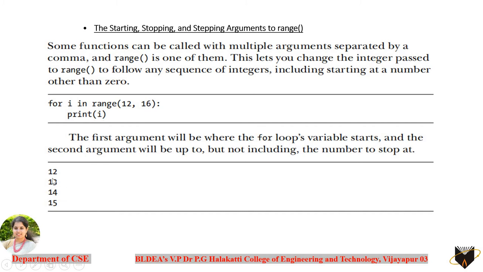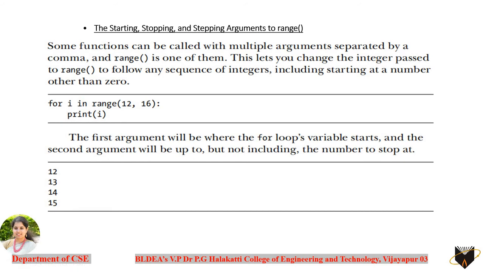You can see the output of this for loop is starting with 12, next iteration 13, next 14, and last 15, but not 16. So it is always one value less than the end parameter here. In this case, you can also observe one more thing: you have not explicitly incremented the iteration variable. By default, the iteration variable will be incremented for each iteration here.